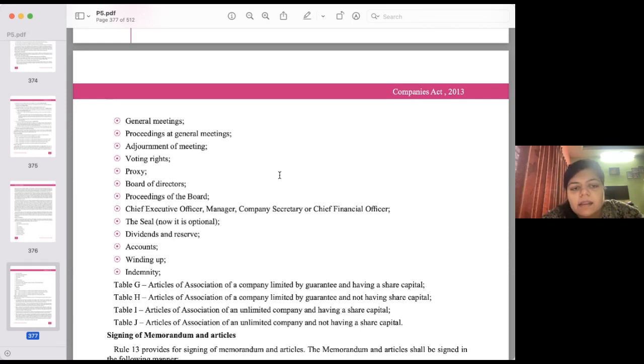Secretarial standards. A CS is the one who's actually in charge of looking after the compliances. So whenever you talk about general meetings, board meetings, minutes of meetings, proceedings at general meetings, you have to send out notices, and even if it goes under the signature of the directors, the idea is that the compliance needs to be maintained by the company secretary.